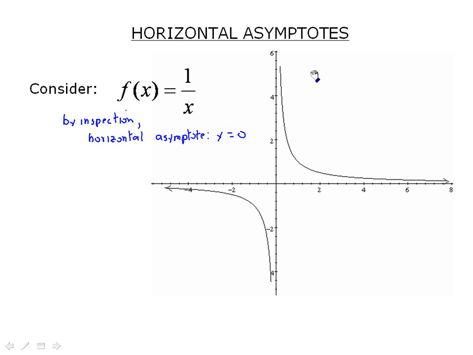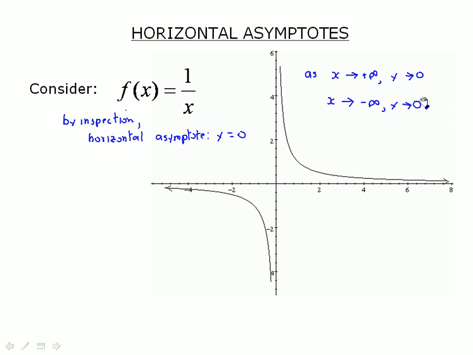And also what's going on as x increases without bound, y approaches 0. So when you start talking about horizontal asymptotes, you're really talking about what the y value is doing as x increases or decreases without bound. So in both directions, y approaches 0, from different directions, of course, but from below the x-axis or above.